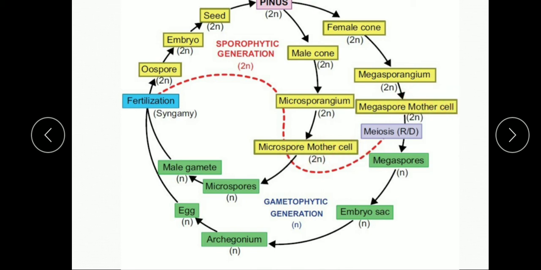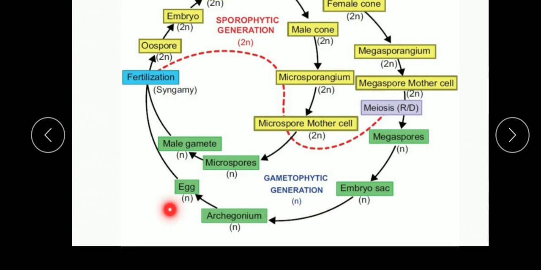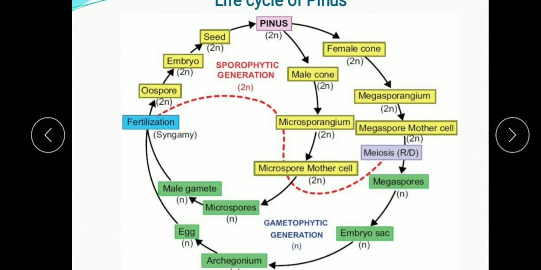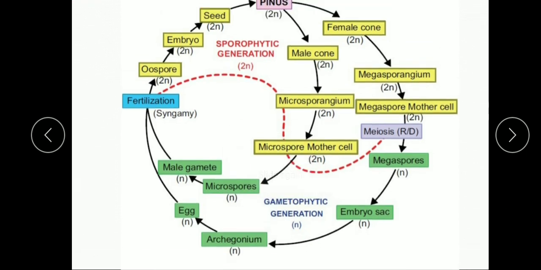Okay, now the gametophytic stage starts here, the gametophytic generation. So these haploid micro and megaspores which are formed, they further develop. The megaspores have the embryo sac. Here in the embryo sac the archegonium is there which contains the egg, and the microspores develop the male gamete.